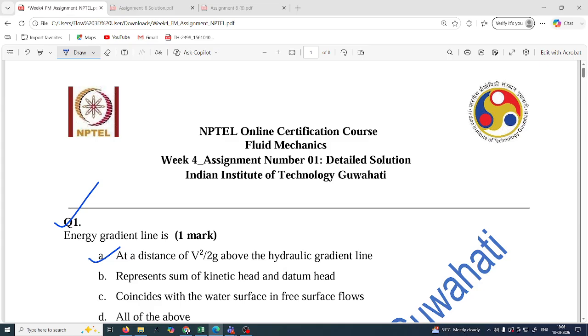Option B, represents sum of kinetic head and the datum head. Option C, coincides with the water surface in free surface flow. Option D, all of the above. So you have four options. Here the question is about the energy gradient line. I will go into a bit of detail.